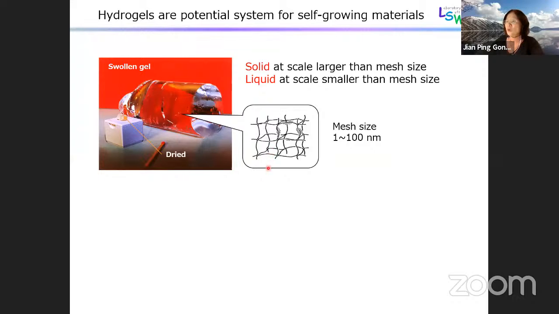And these monomers can react inside the gel, just like a chemical reaction in solutions. So this will make the reaction very efficient. So using hydrogels to introduce mechanochemical polymerization should be a very efficient, proper system.